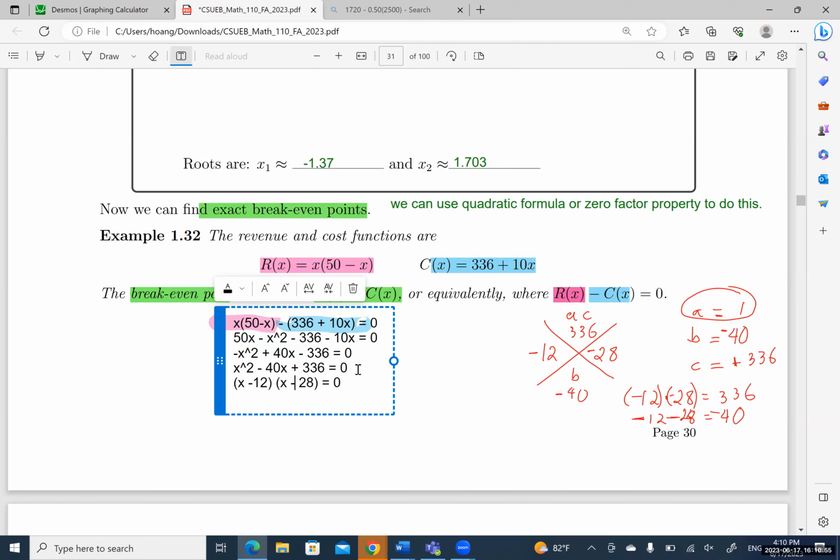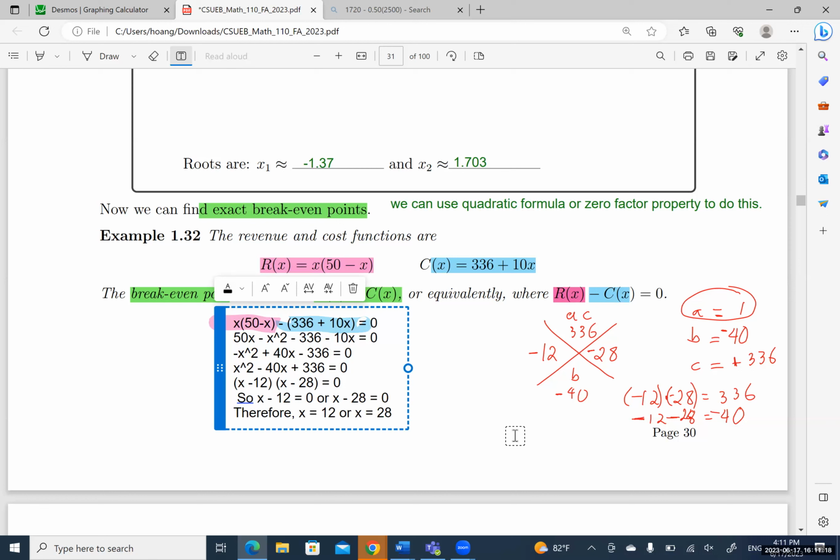So x minus 12 equals 0, or x minus 28 equals 0, then therefore x equals 12 or x equals 28 as the answer.